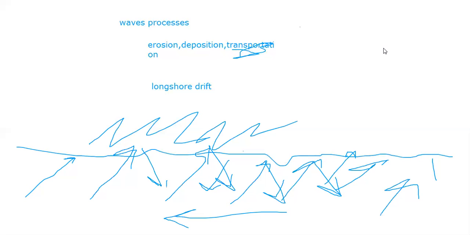There's not a specific angle as to how the longshore drift approaches the ocean or the beach. But it approaches the beach at an angle.